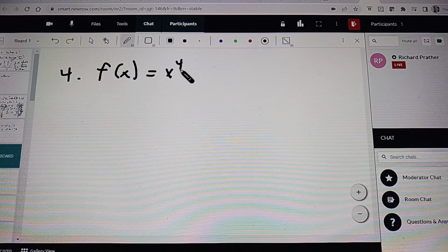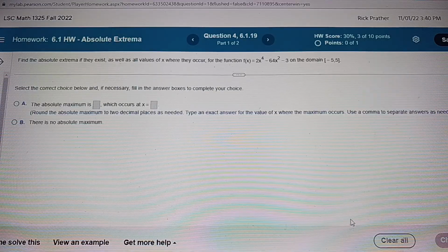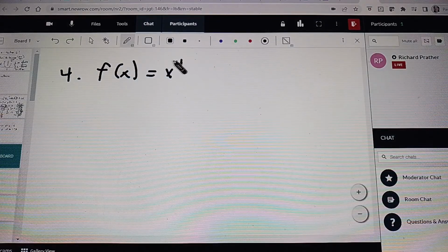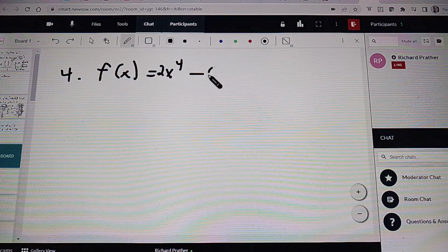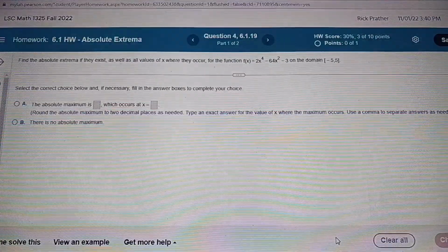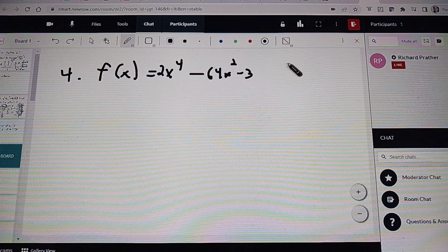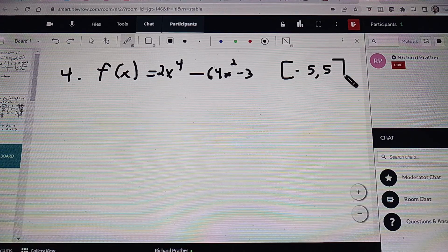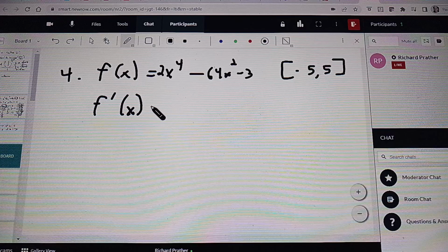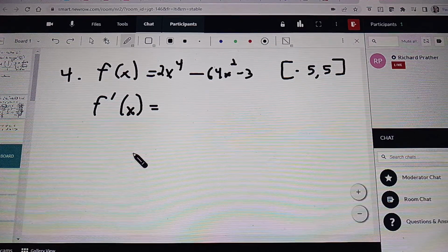Oh, sorry, 2x to the 4th minus 64x squared and minus 3 from negative 5 to 5. Closed interval, we have a polynomial that's continuous everywhere, so we're definitely going to get one absolute maximum and one absolute minimum in this closed interval.